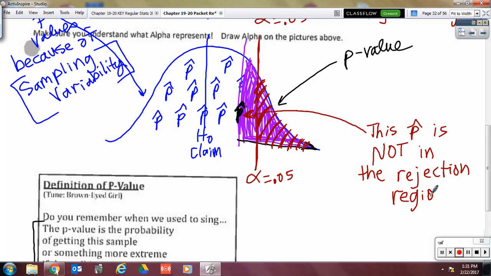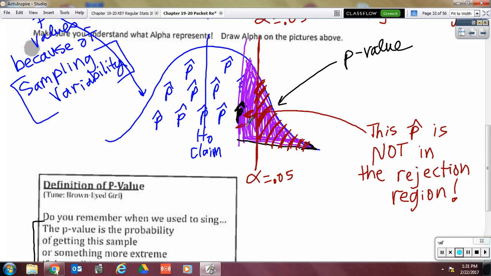This red section is the rejection region, and that p hat is quite a bit to the left of it. If I get one of those samples, it happened because of sampling variability, and it wasn't unusual enough for me to reject the null hypothesis.